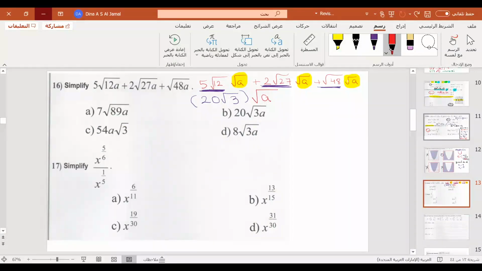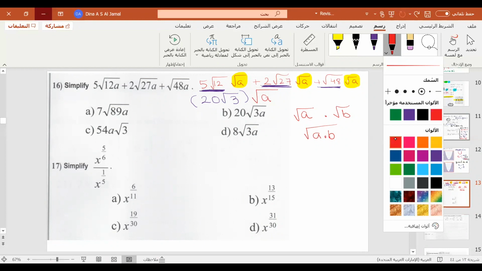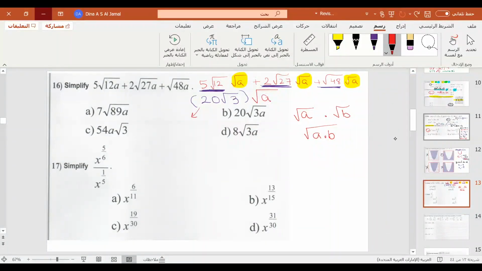Now let's remind each other of the rule of square root of A multiplied by square root of B. You can combine them by multiplication. That means instead of putting the square root of 3 alone, square root of A alone, I can combine both of them. Square root of 3A. And this will be your B.